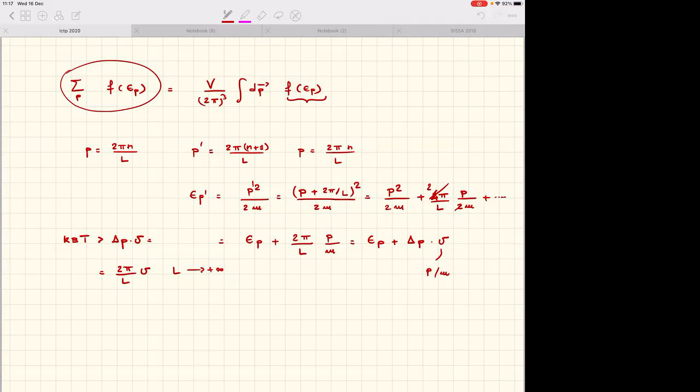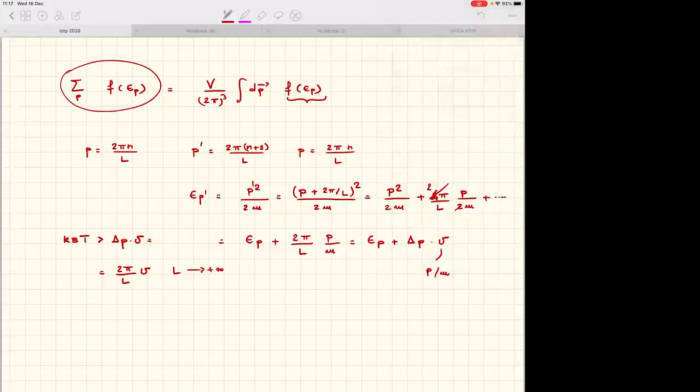Therefore the function f is a smooth function of its arguments, and I can estimate the sum of f of epsilon p as an integral. So the short answer is: in the thermodynamic limit, when L goes to infinity.